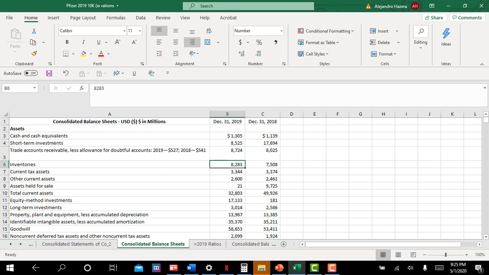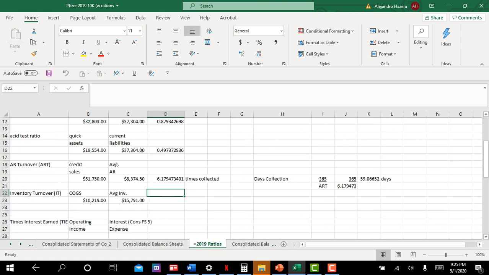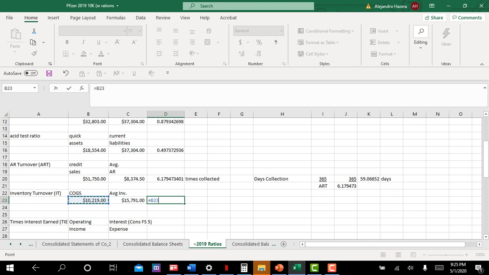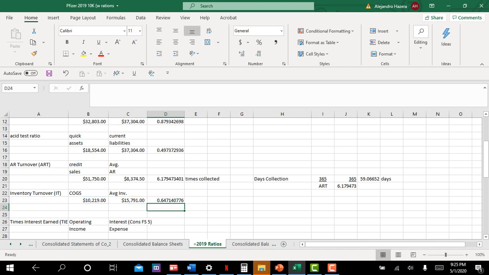Your inventories, we're looking like we're getting good numbers. Okay, so our inventory turnover equals that. I could just copy it down. It's less than 1, which to me signals a concern.